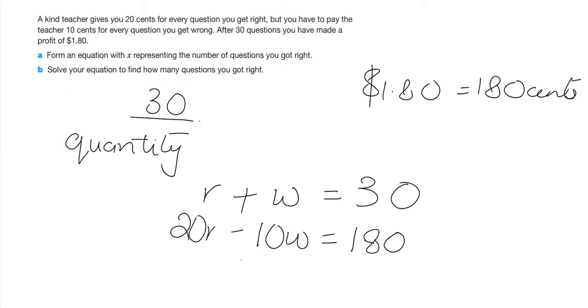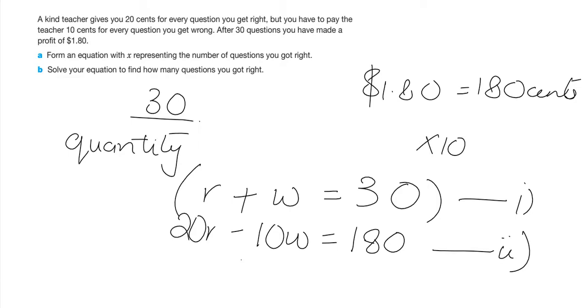Now what we have to do is multiply the first equation by 10, and what will you get? 10R plus 10W, and that would be 300. And the other is 20R minus 10W equals 180.